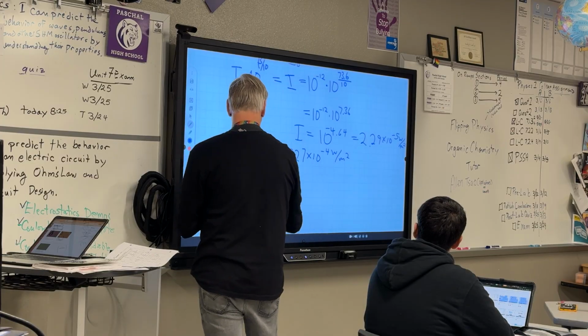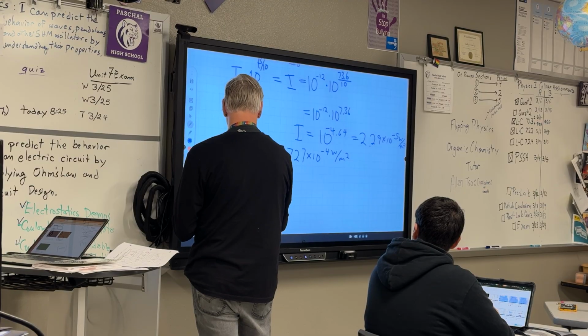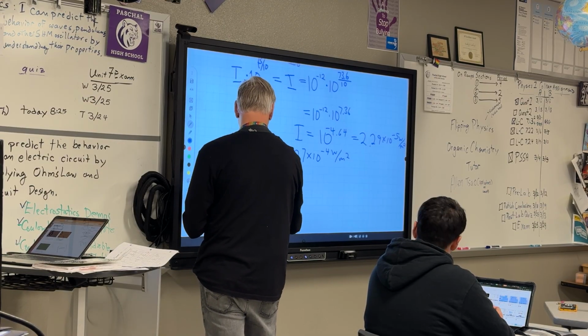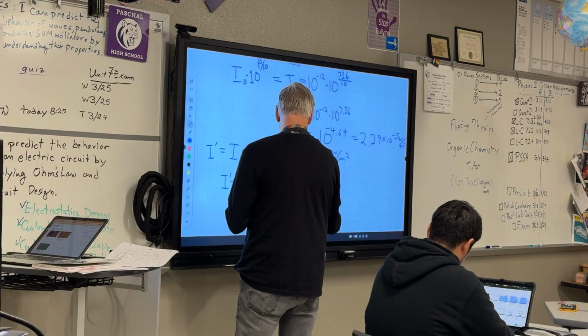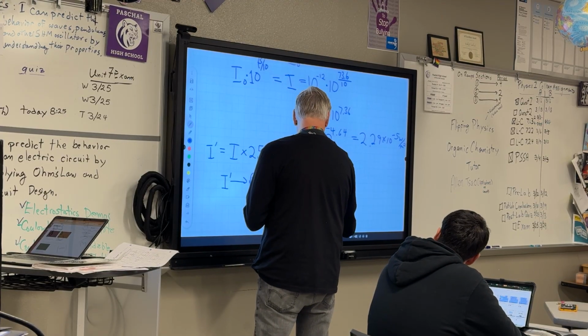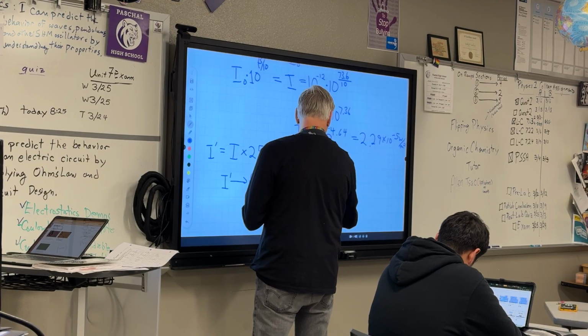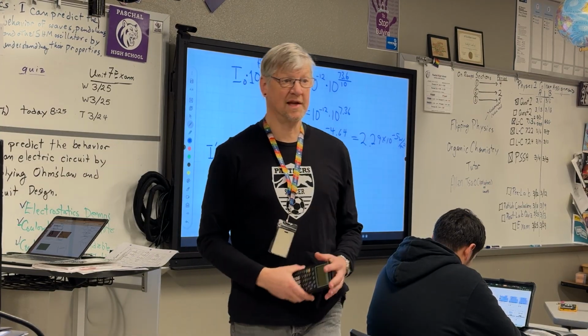And now I need to convert that, what I'm calling I prime, to beta prime, which is going to be 10 log base 10 of that new I over the original, I naught. So I've got to plug it back into this equation to get decibels back out.